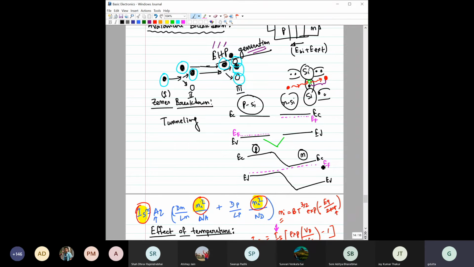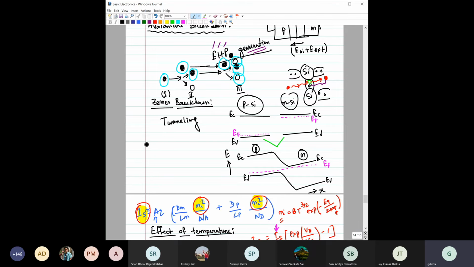So first you draw EF as a single line. Then you draw EC and EV from the P side and N side. Then you connect these two. So this is basically the energy band diagram of a PN junction diode. Here I think you remember that this axis is the energy axis and this axis is the distance along the PN junction.